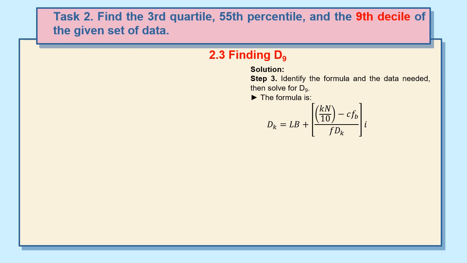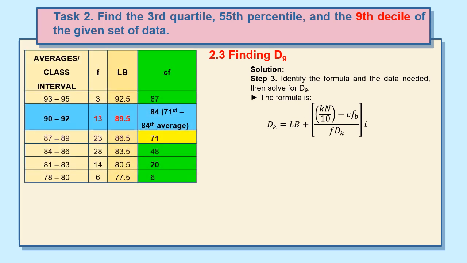And for the last step in finding the 9th decile, we will identify the formula and the data needed. Our formula to be used is D sub k equals LB plus the quantity of Kn over 10 minus Cf sub b over Fd sub k times I. In the final table of values, our class interval for the 9th decile is 90 to 92.